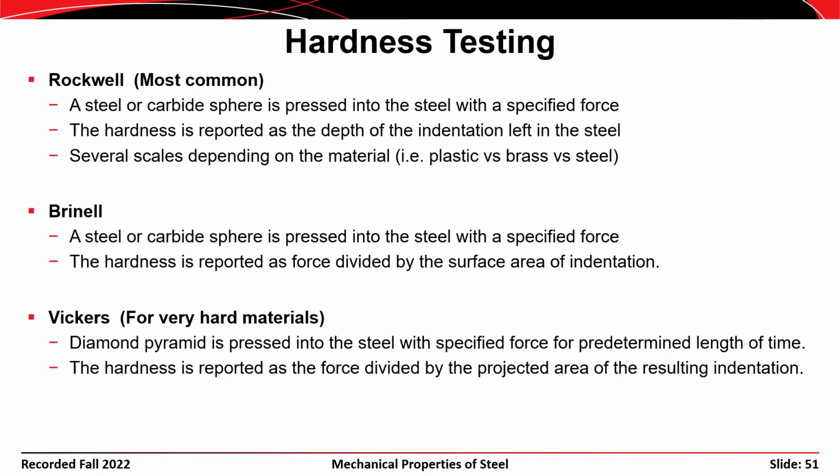So typically we use Rockwell for most of our steel, so you might see Rockwell B scale or Rockwell C scale depending on the particular steel that you're looking at. The different scales are needed because plastic and brass and steel and aluminum all have very greatly varying levels of hardness.